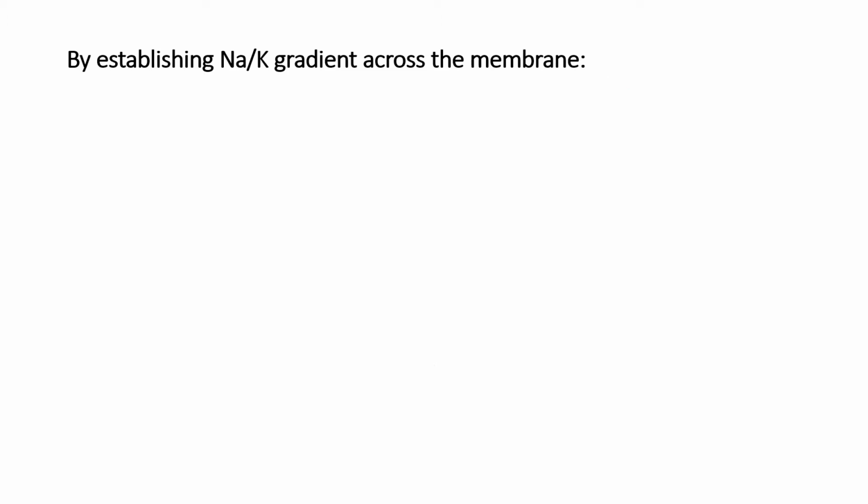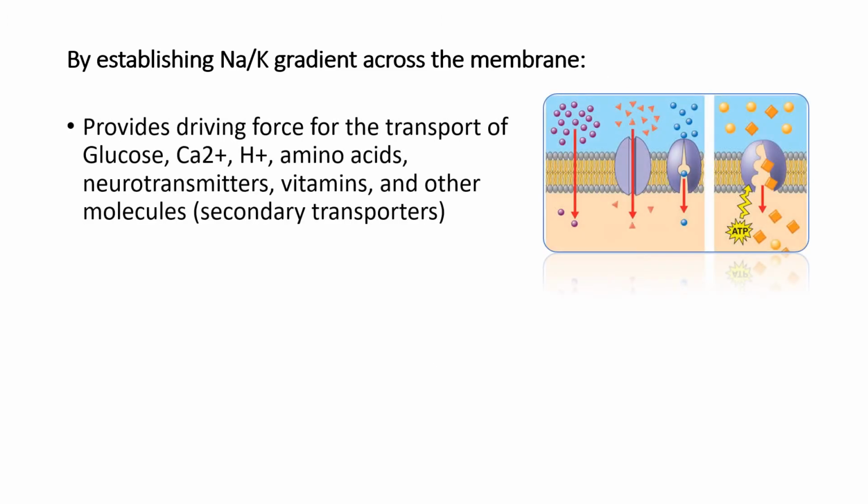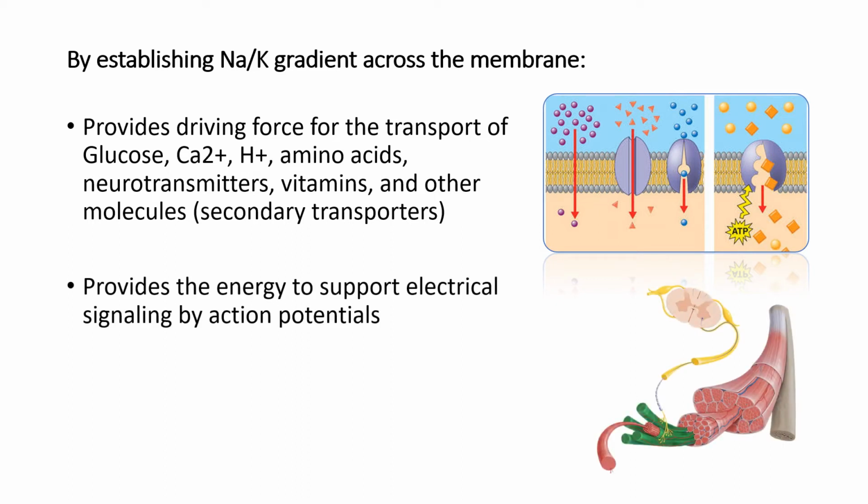the cell. And by establishing sodium and potassium gradient across membrane, it also provides a driving force for the transport of glucose, calcium, proton, amino acid, neurotransmitter, vitamins, and other molecules via secondary transport mechanism.